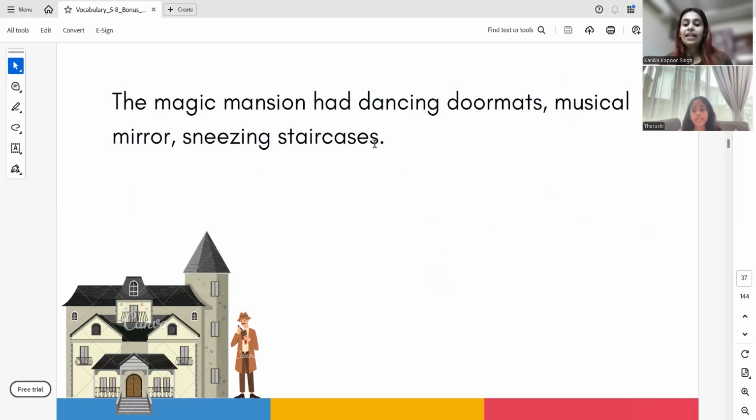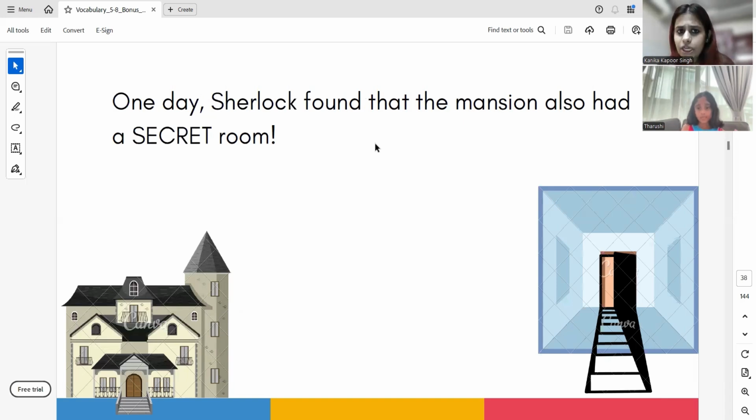And the mirror was musical. When I look at the magical mansion's mirror, the mirror used to play some song, a musical song. And the staircase was sneezing. Great.